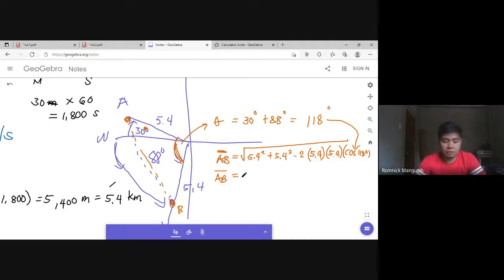Times, we have cosine of 118. So are we getting the same answer? What I got is 9.26 kilometers. And let me check my input.